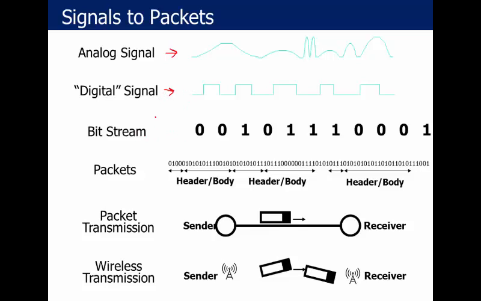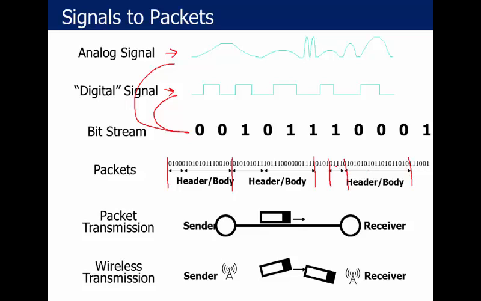But anyway, so the bit stream may be the data. By modulating these digital or analog signals, we have packets. Each packet has header, body, header, body, header, body, that repetition, right?